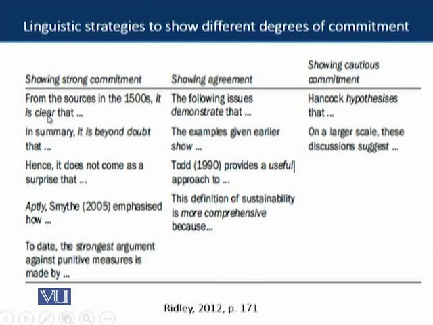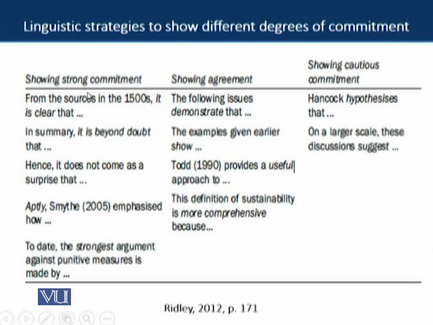This word, clear, shows a strong commitment. In summary, it is beyond doubt. This phrase, beyond doubt, is actually showing strong commitment on the part of the author. Similarly, hence, it does not come as a surprise that, right? Aptly, Smith 2005 emphasized how, to date, the strongest argument against punitive measures is made by.